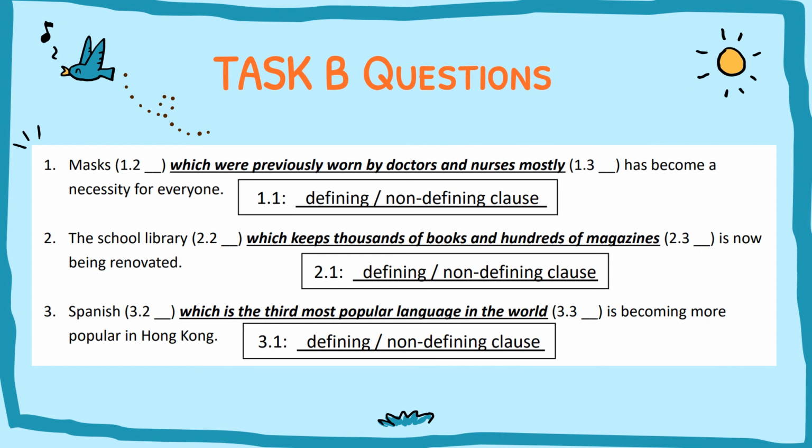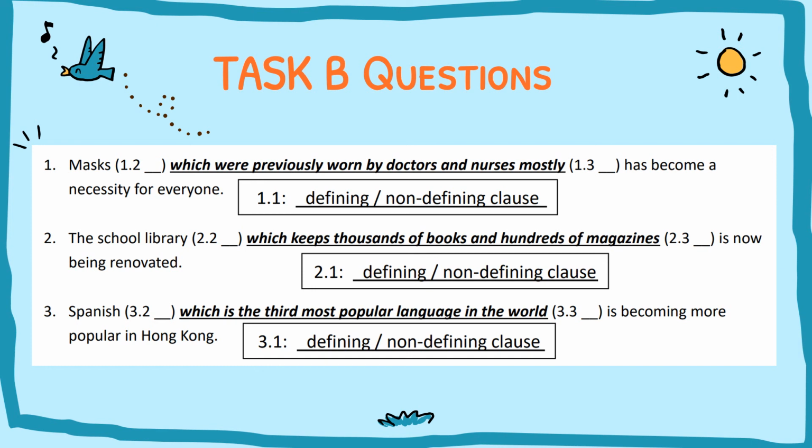And in task B, we have in total 3 questions. We have in total 3 sentences that each include 2 clauses. So you're going to do the same. You have to decide whether the underlined clause is a defining or a non-defining clause.